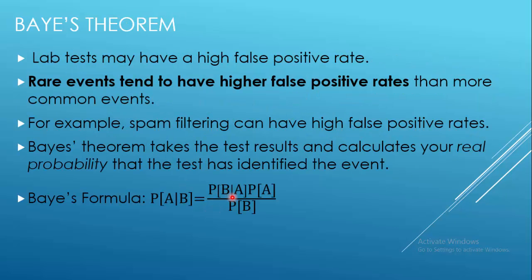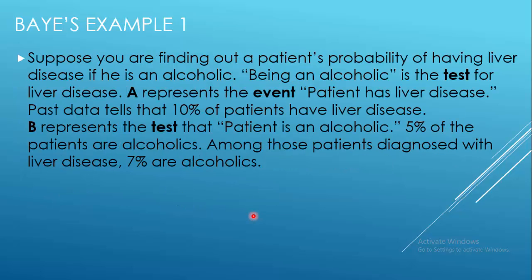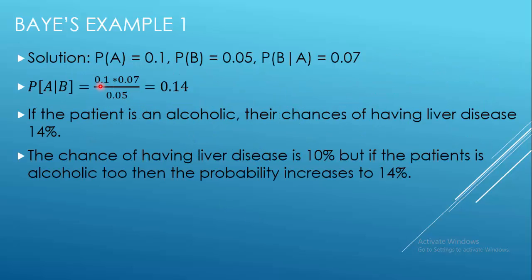Probability of B given A multiplied by probability of A divided by probability of B. So here what we got is 0.14. So if the patient is an alcoholic, their chance of having liver disease is 14%. The chance of having liver disease is 10%, but if the patient is alcoholic too, then the probability increases to 14%.